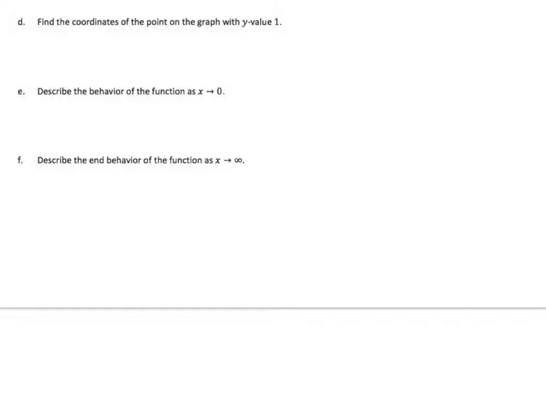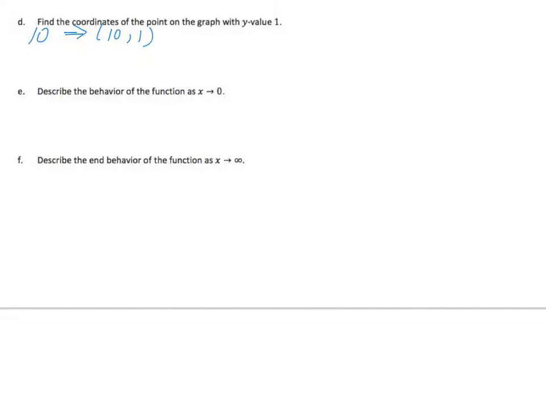The coordinates of the point on the graph with y value of 1 for log base 10. What color did I do log base 10? Blue. So for log base 10, the coordinate with a y value of 1 is 10 comma 1.